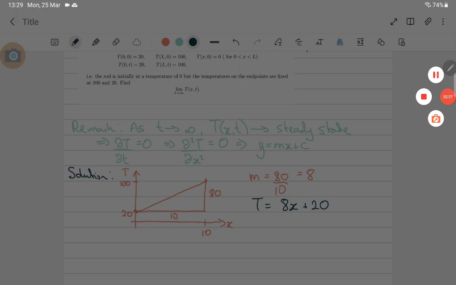So we'll be using these. Now the actual partial differential equation is up here. It's 2.21. So we've got 0.2 times the second partial derivative of temperature with respect to distance is equal to the partial derivative of temperature with respect to time.